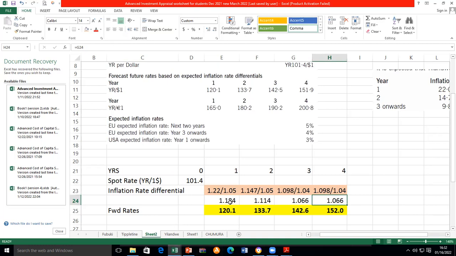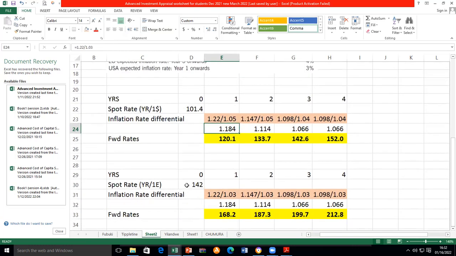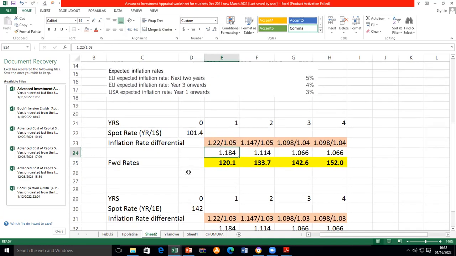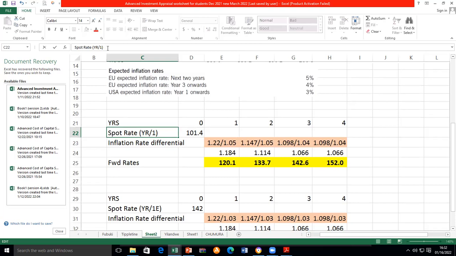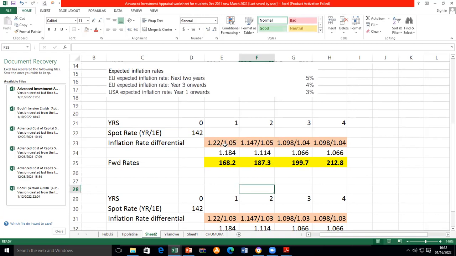Okay. So let's go now. We divide, so on top we see the Y rand. And that's 142. Let's now do a multiplication here.